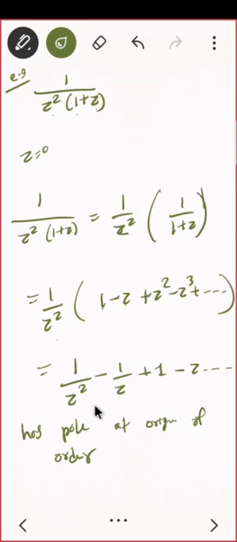Of course, this is 2. So the order is 2, it is a pole of order 2. And if somebody asks what is the residue, the residue is the coefficient of 1 by z. This is 1 by z, so the residue is -1.